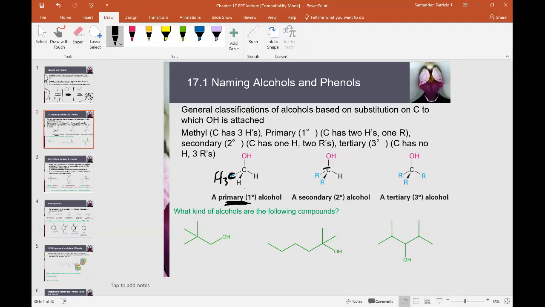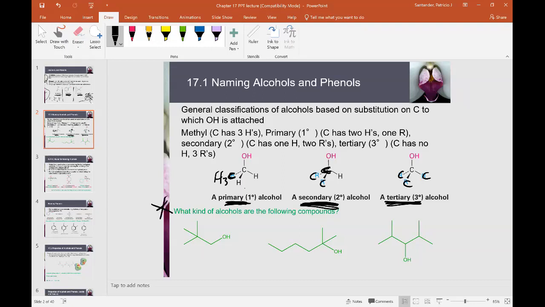If you have the carbon atom attached to the OH, in turn attached to two other carbon atoms, in that case we say that is a secondary alcohol. And if it is attached to three other carbon atoms, that is a tertiary alcohol. It is a useful classification because it turned out that primary, secondary, or tertiary alcohols have a different reactivity. And so it will be good to be able to differentiate those.